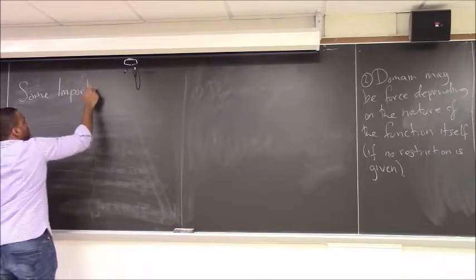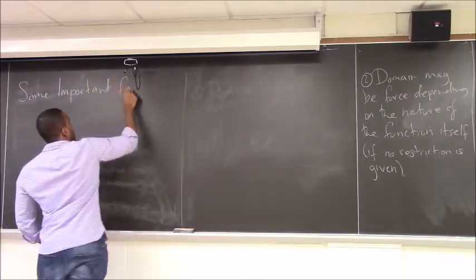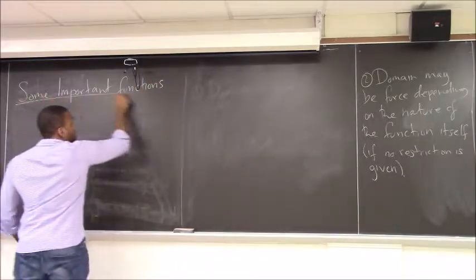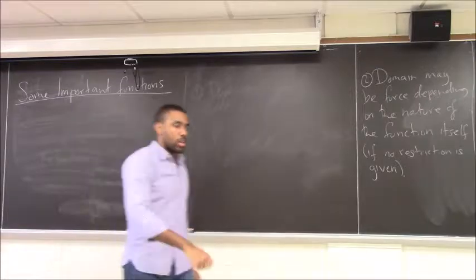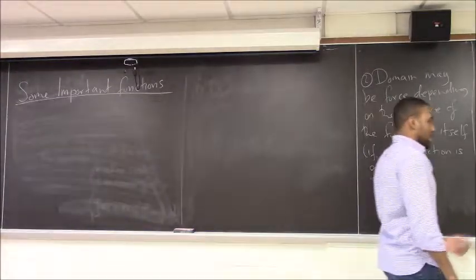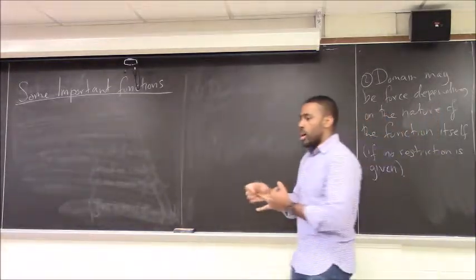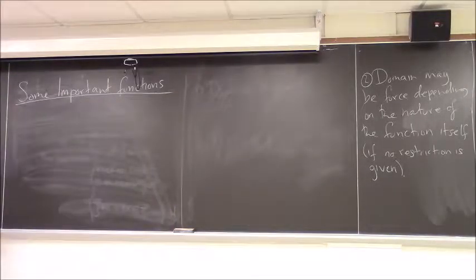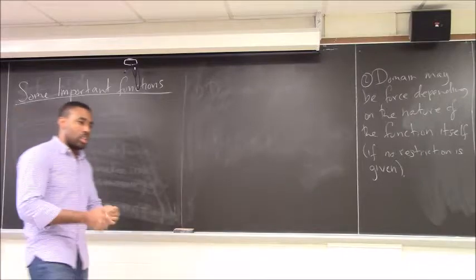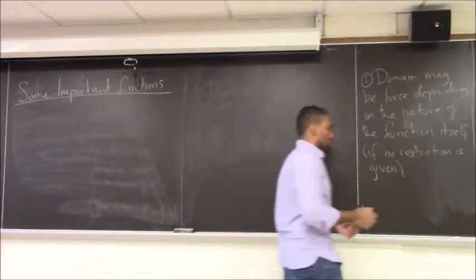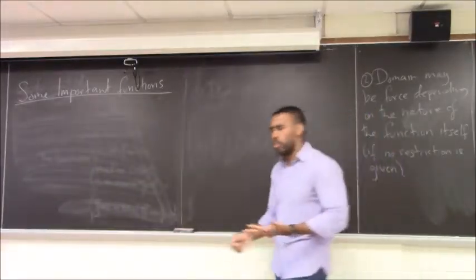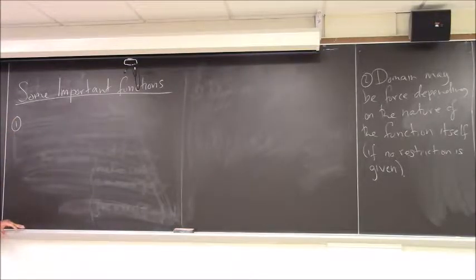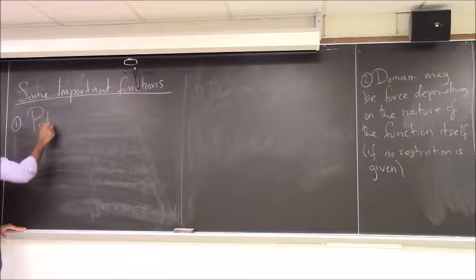So in this calculus class, there are about 5 kinds of functions that we will care about and that we will study in general: polynomials, radical functions, rational functions, exponential functions, and logarithmic functions. Exponentials and logarithmic functions we'll talk about at a later point, but right now I'm going to tell you about the first 3. So the first kind of function is called a polynomial.